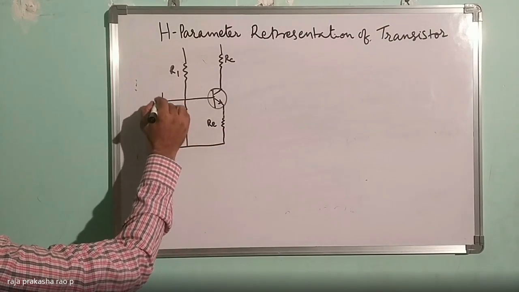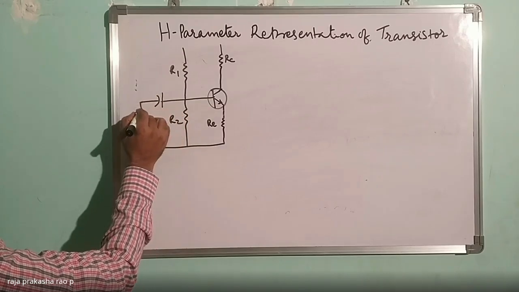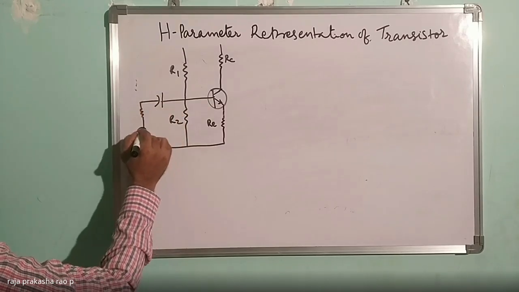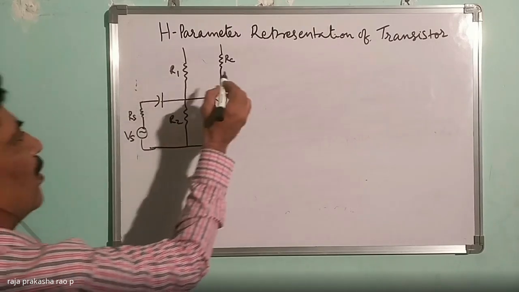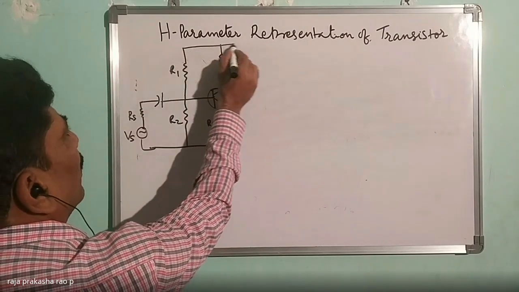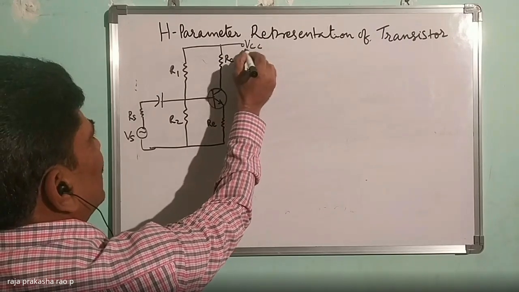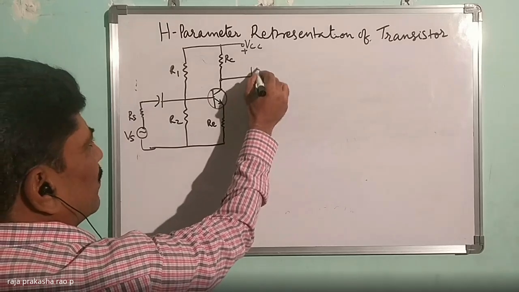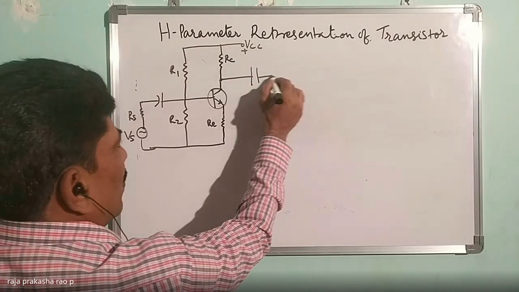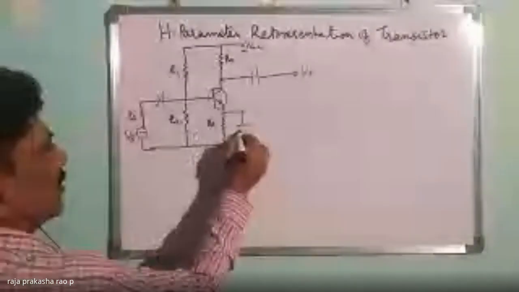A coupling capacitor through which the signal is applied, RS, plus VCC is applied here, and the output is taken from this RC. Let us say another capacitor is there parallel to RE.